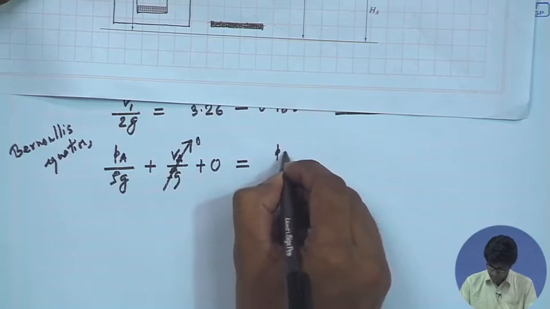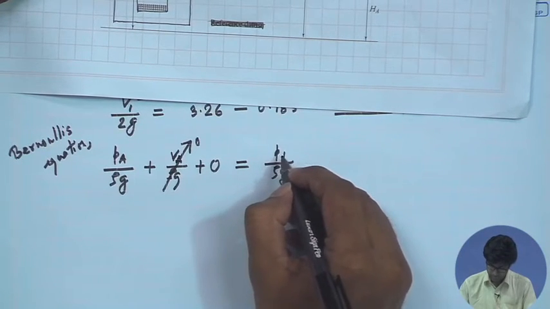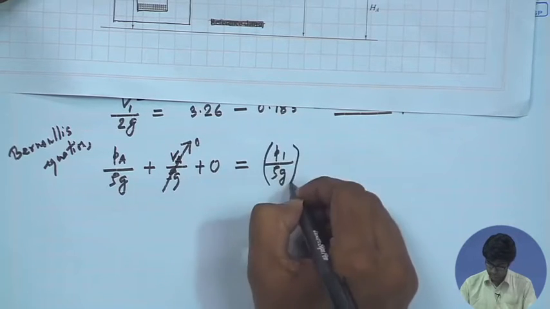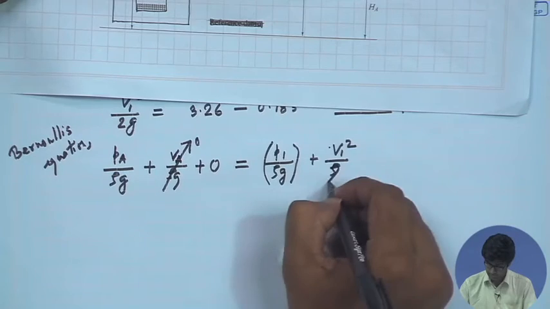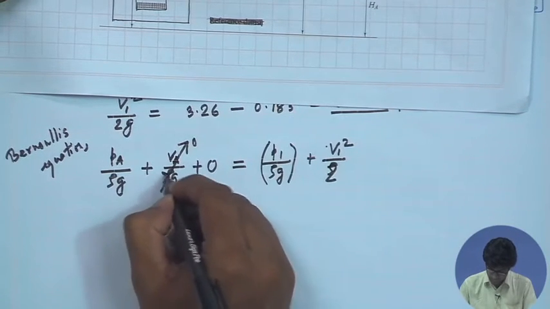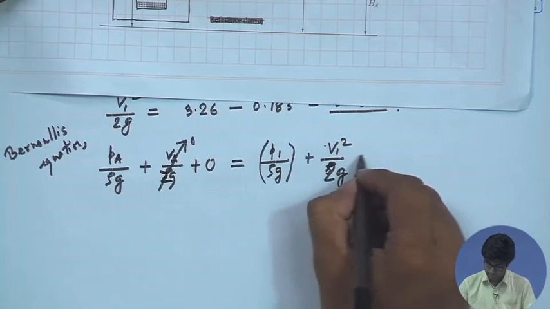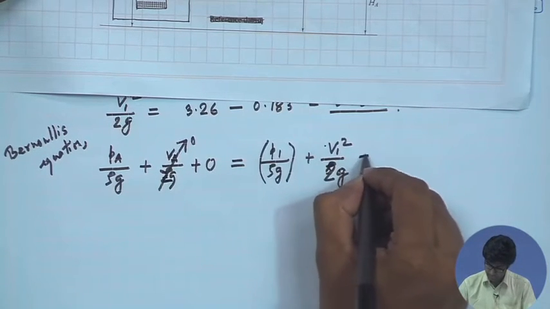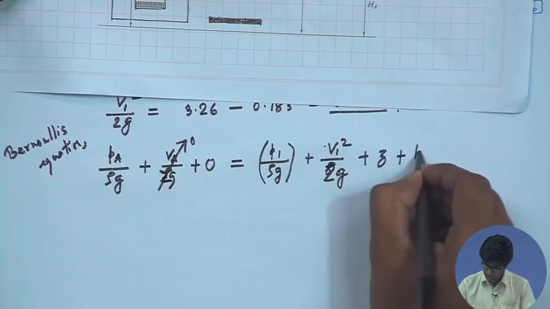Next, this is equal to the pressure head at the impeller inlet, plus the velocity head at the impeller inlet, V1 square by 2g, plus the elevation z, plus the head loss.